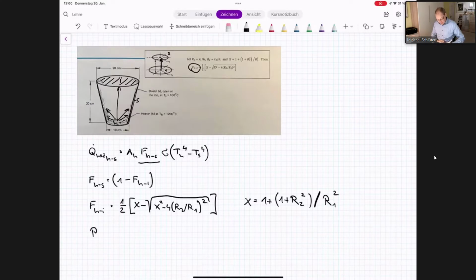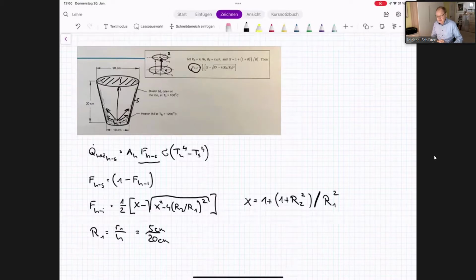And R1 is, as you can see, small r divided by h. Please don't be confused. R1 is here the lower surface, and the diameter is 10, so that we have 5 centimeters divided by h, and this is 20 centimeters.